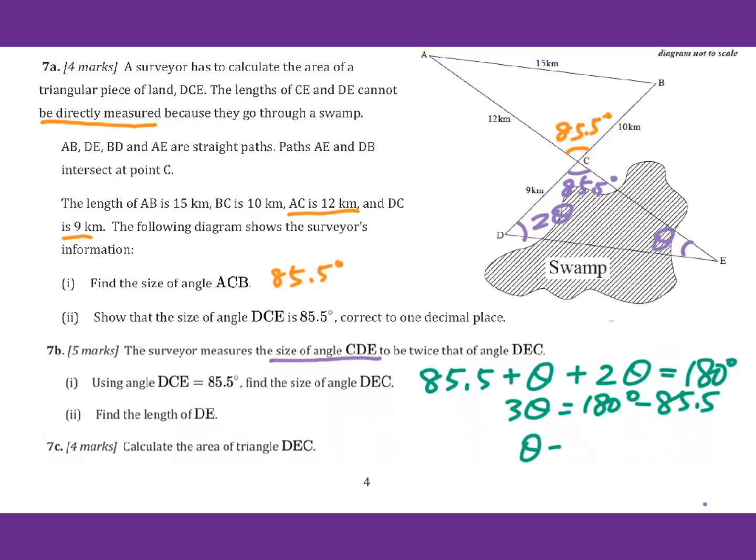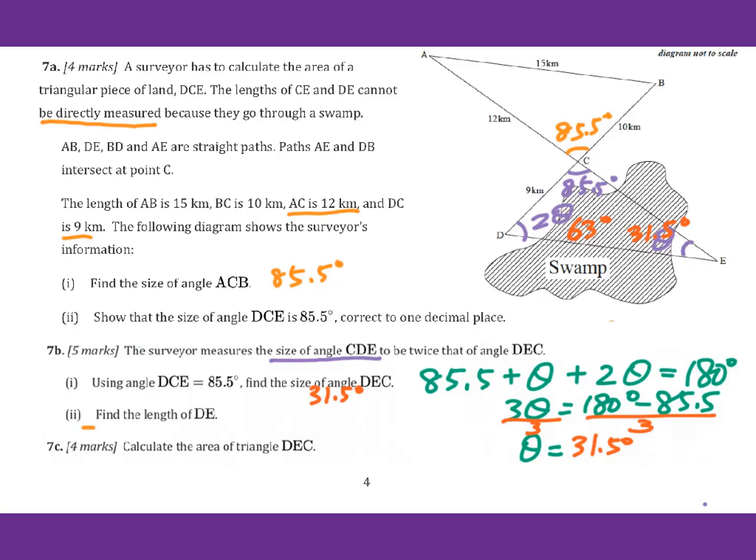Then theta equals, dividing both sides by 3, you will get 31.5 degrees. And 2 theta will be 63 degrees.